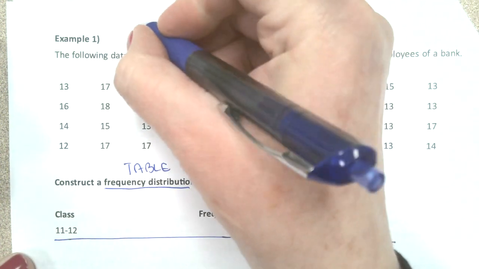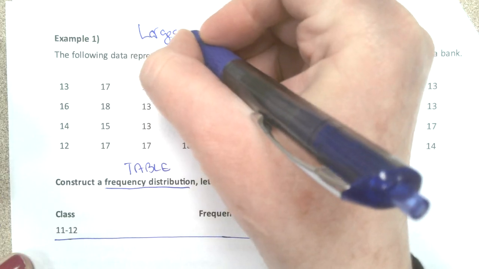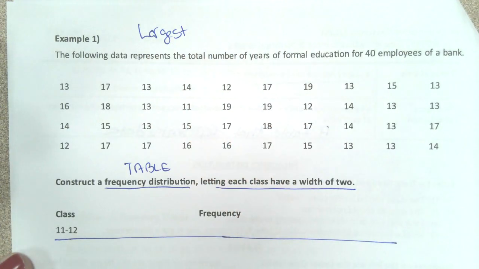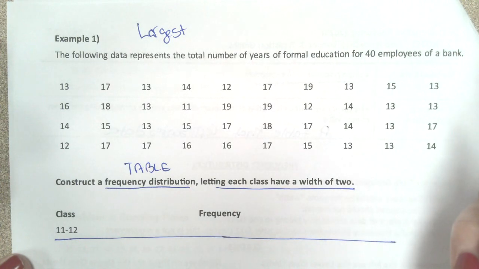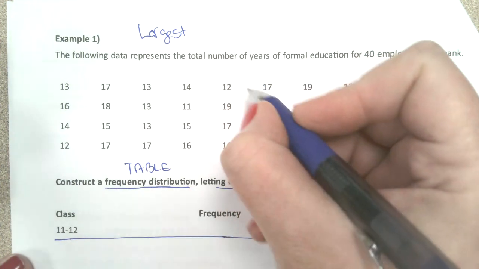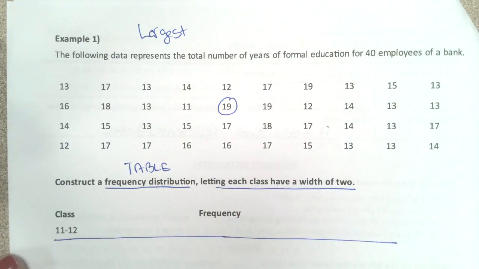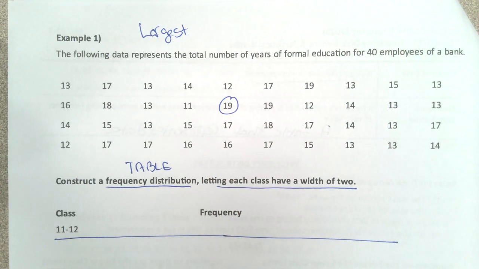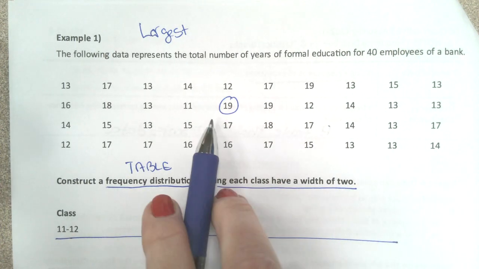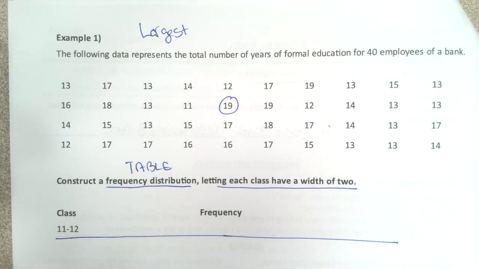You want to find your largest number. When I search through it, the largest one is, is there a 20 somewhere? I think it's 20. Maybe not. Maybe it's only 19. So the largest one is 19. We're going to have to make classes up through and including 19.